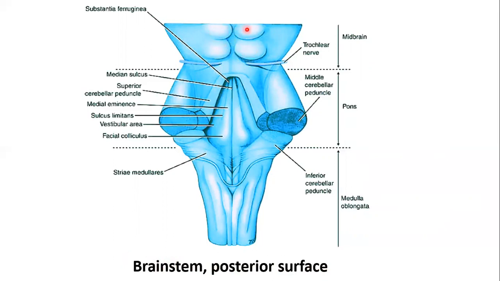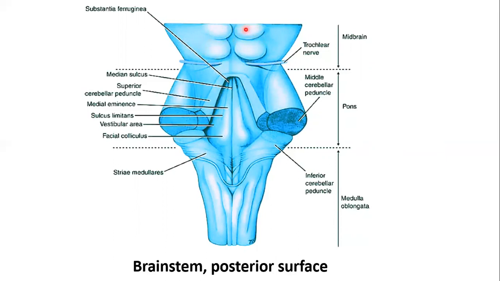These are the eminences, four eminences present posteriorly, right? They are collectively called the corpora quadrigemina. The corpora quadrigemina, which are four elevations, are separated into various parts by a vertical groove and a horizontal groove.